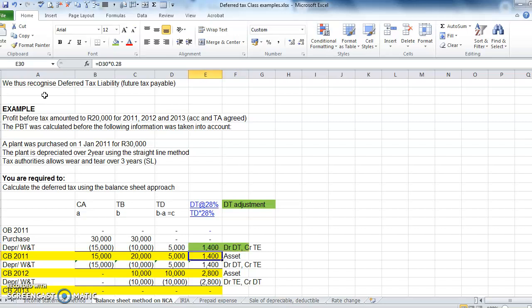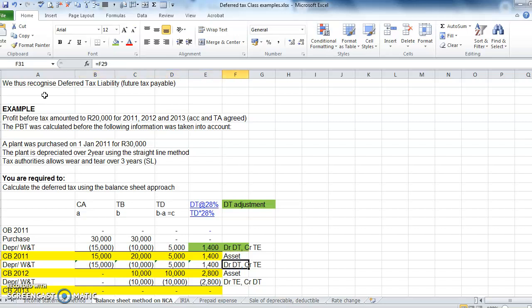The deferred tax adjustment would be the closing balance, which is 1,400, minus the opening balance, which is 0. So we'll have a deferred tax balance of 1,400. And is it an asset or a liability? It's going to be an asset. Why is it an asset? Because our tax base is more than our carrying amount, right? So we recognize a deferred tax asset.